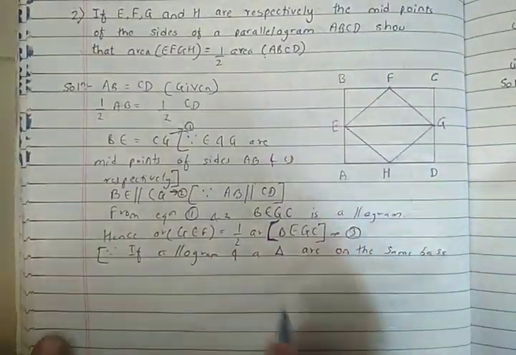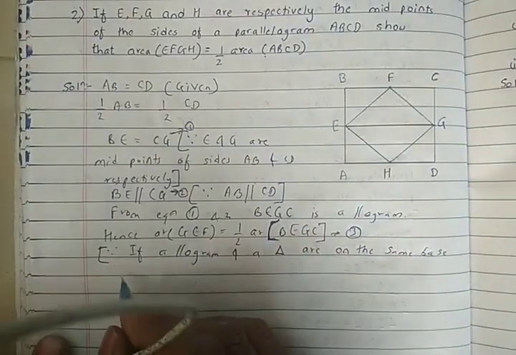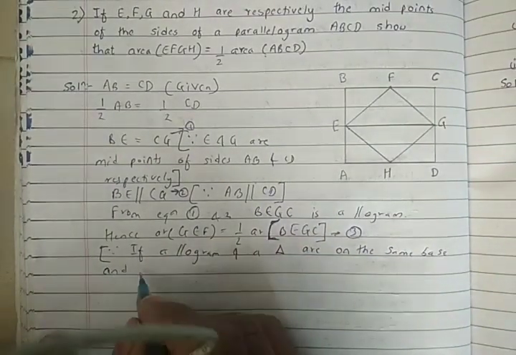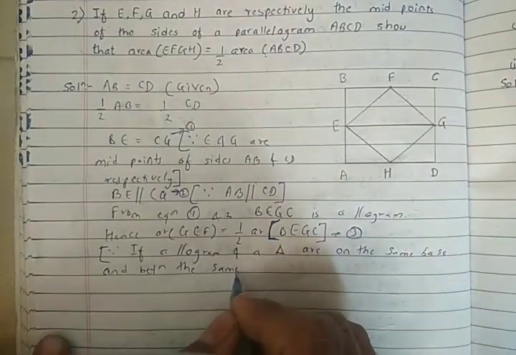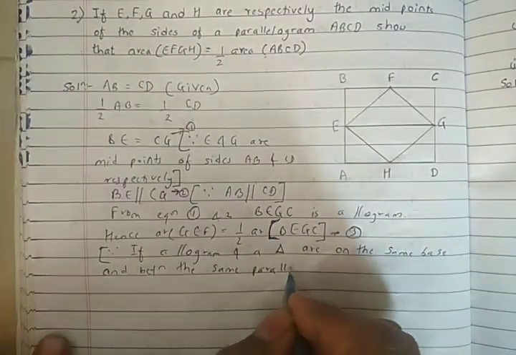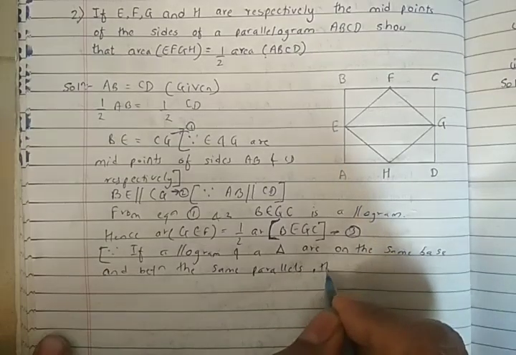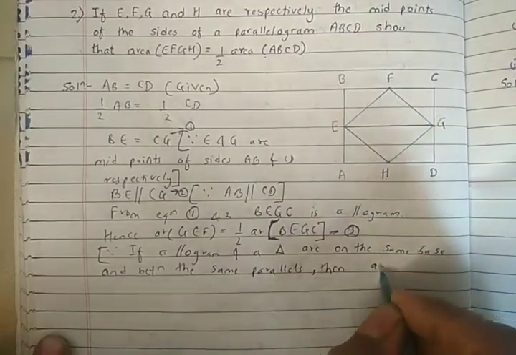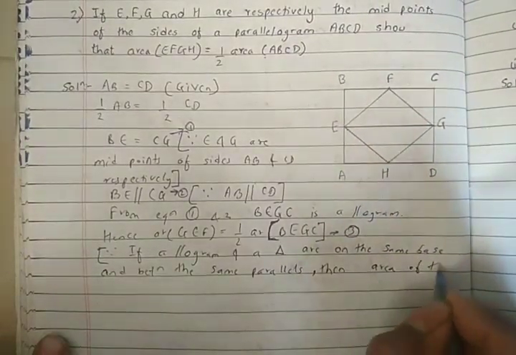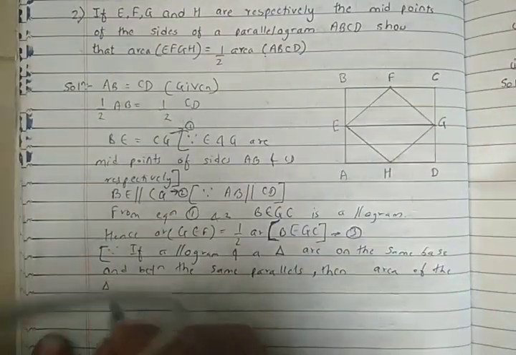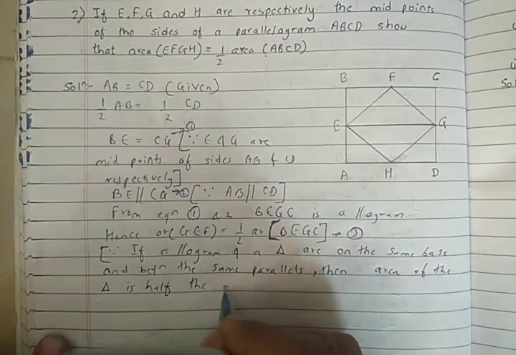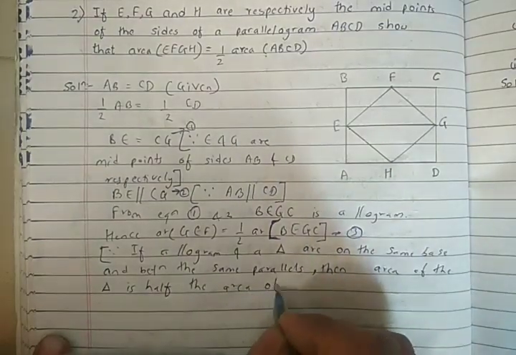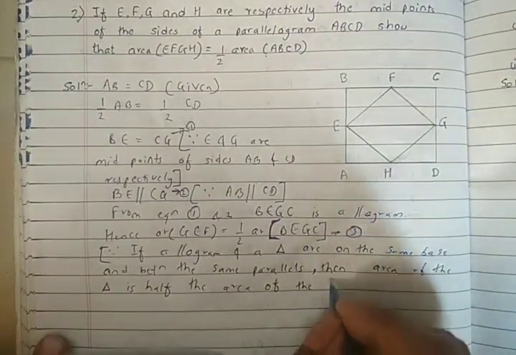You remember we had learned the same base and between the same parallels. Then you can say that the area of the triangle is half the area of the parallelogram.